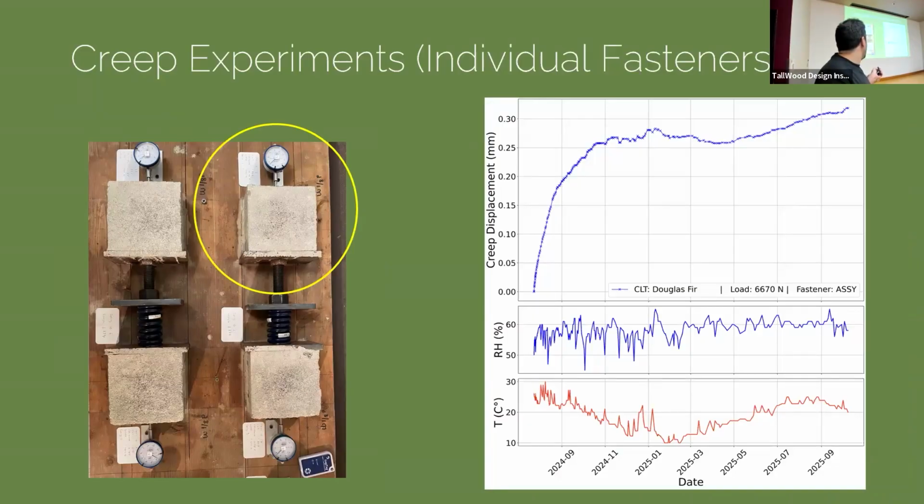For each concrete block, we also have a shear connector inside. We applied load by using this compression spring. For this one, right now, we are applying about 1,500 pound load to each block. This one applies about 1,000 pound load.